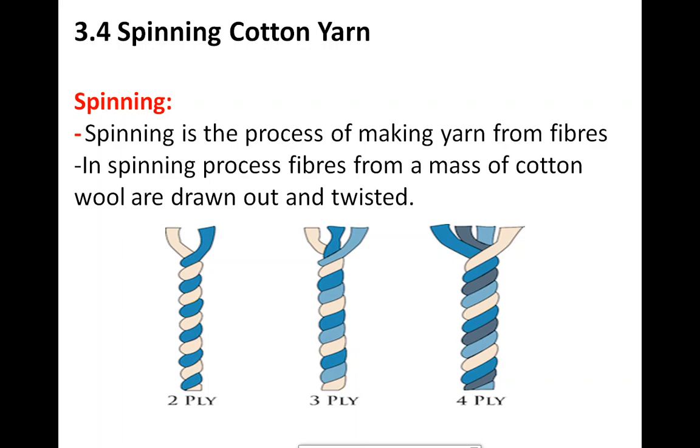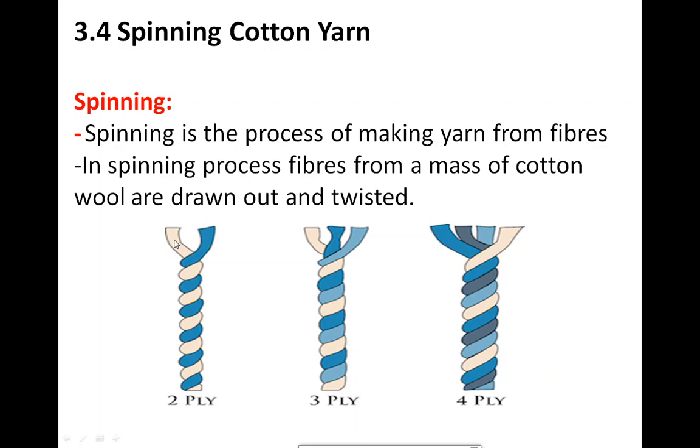I have already shown in the image how we are twisting. This brings the fibers together to form a yarn. So this image is showing what a yarn is. See the two colors there: a dull white, cream color, and a blue color.